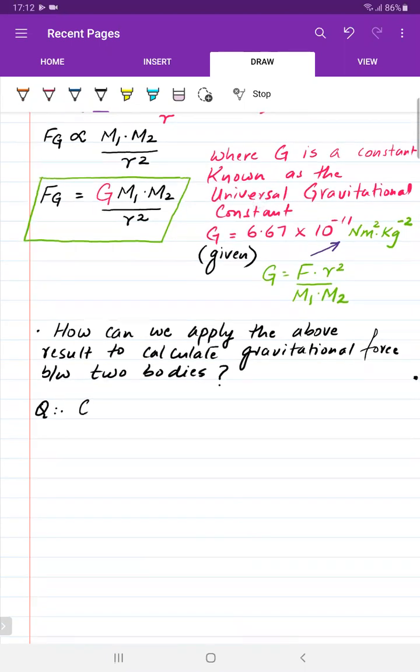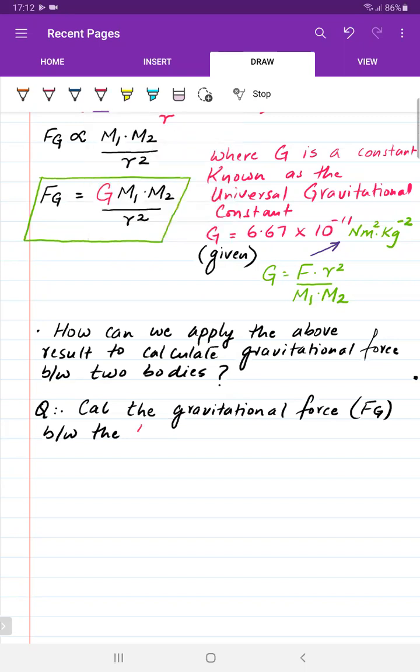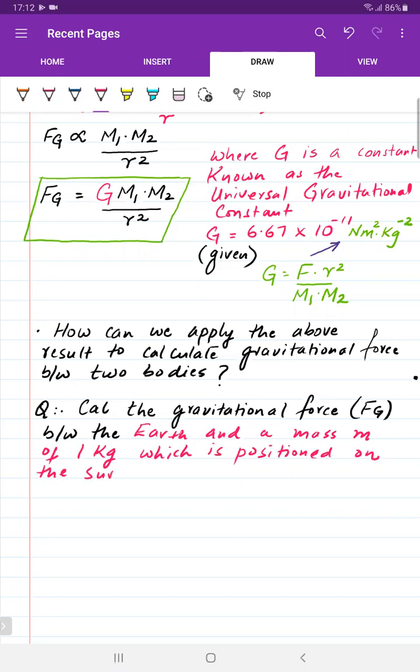So let's suppose if you are asked to calculate the gravitational force between the Earth and a mass m of 1 kilogram, which is positioned on the surface of the Earth.